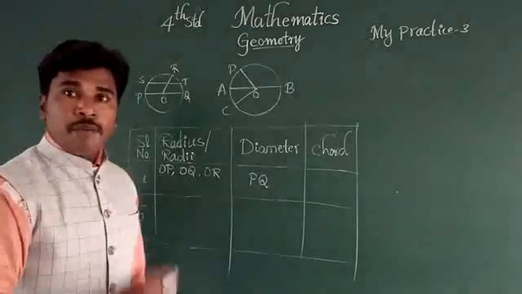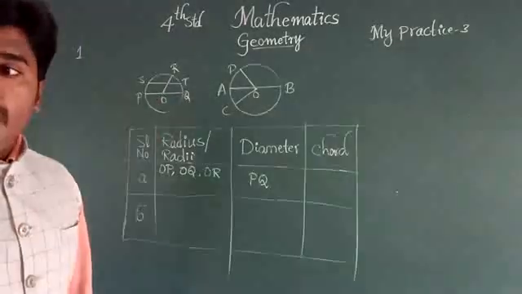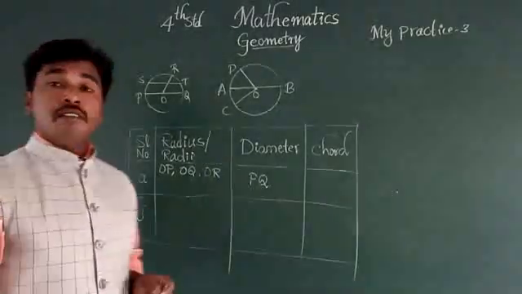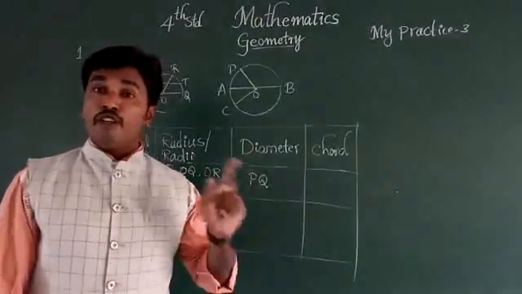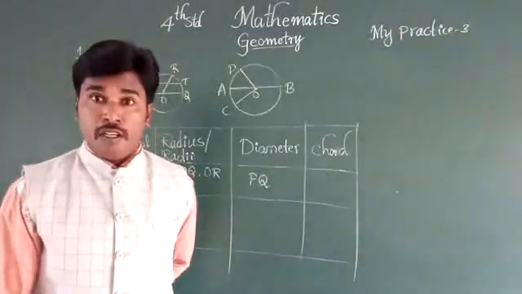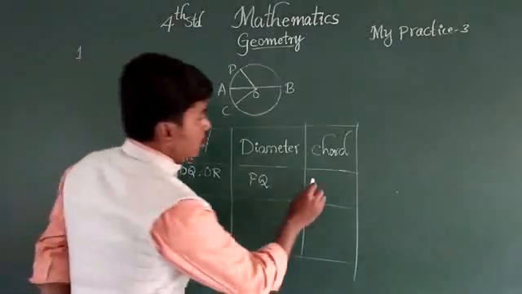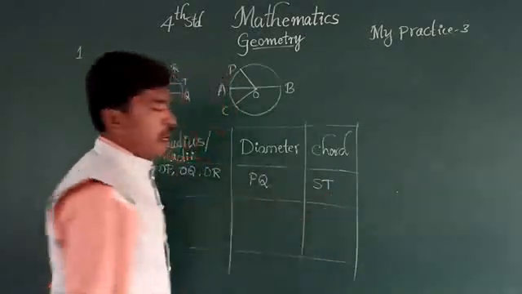PQ is the diameter. Next you come to the chord. So dear children, chord means on the circle, if you join any 2 points, that line we call a chord. So here ST is a chord.